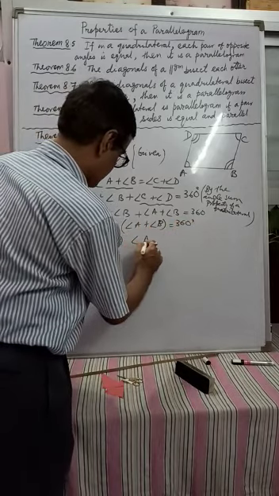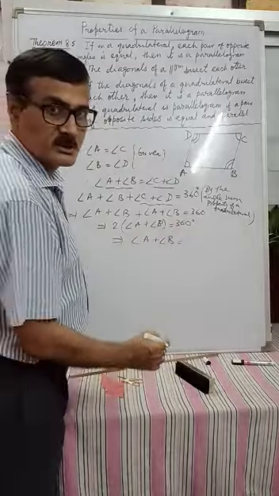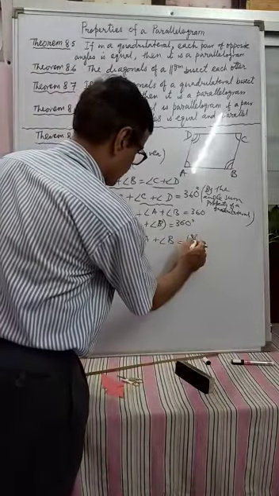So angle A plus angle B, by transposing 2 to the right side, is 180 degrees.